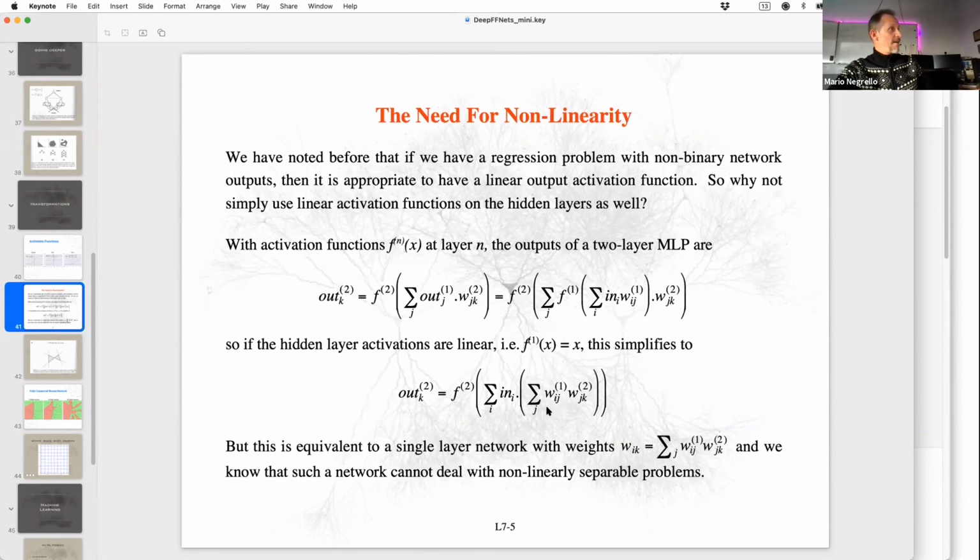If you don't have the hidden layer activations, the function f of x simplifies to simply the sum of the sum of the sum. Right?